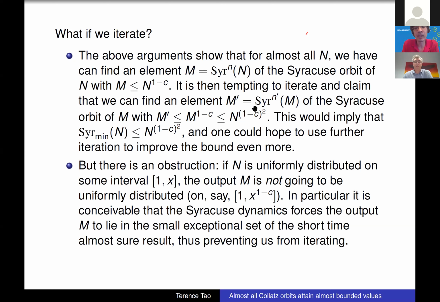And then maybe the same statement will say that for almost all m, m will iterate to something even smaller, m prime, and m prime is smaller than some small power of m, which is then smaller than an even smaller power of n. So if you could concatenate these two statements, then you could boost my previous bound. I could boost my exponent from 1 minus c to 1 minus c squared. And then I could iterate it to 1 minus c cubed, 1 minus c to the fourth, and eventually I could make my exponent as small as I wish, and maybe that's the way to make progress.